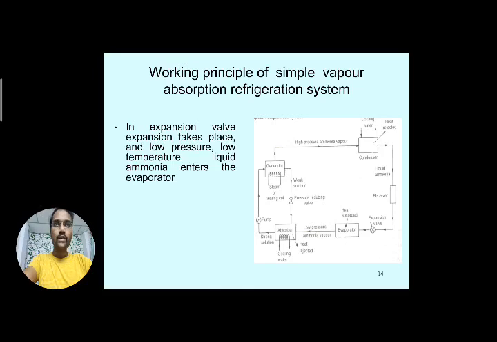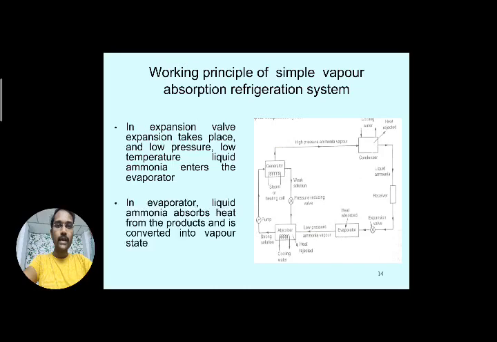Due to the creation of low pressure, low temperatures are created here. The refrigerant remains as it is, meaning the phase change is not taking place. It remains liquid ammonia, but with very low temperature and very low pressure, it enters into the evaporator component. That is the function of the expansion valve.